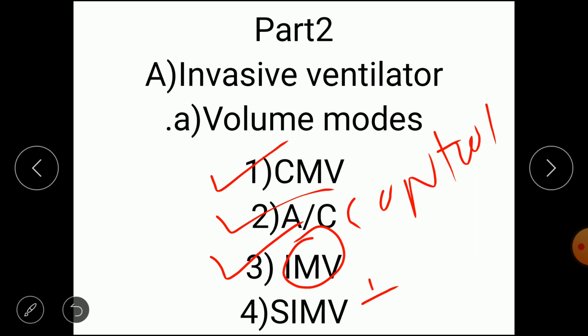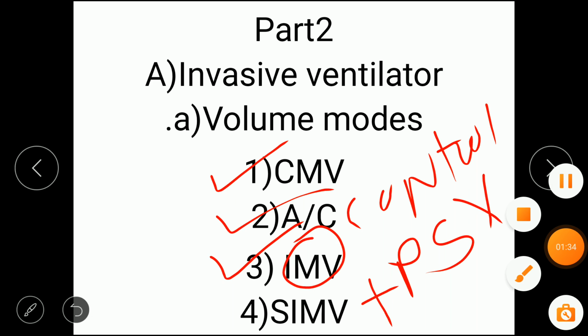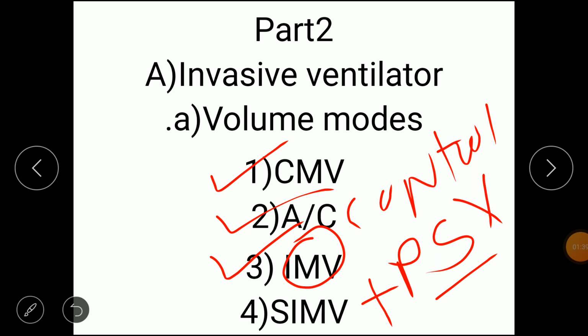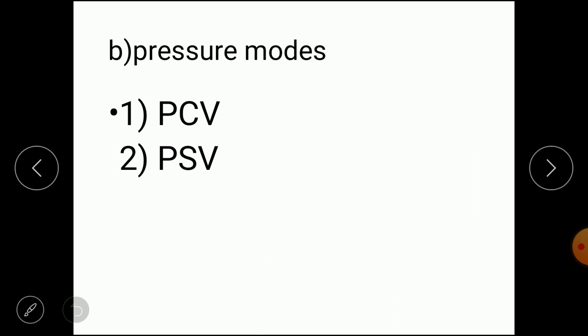Generally it is used with PSV, that is pressure support ventilation. It is sometimes used with SIMV, so that is known as a combination of modes. We see one by one here.